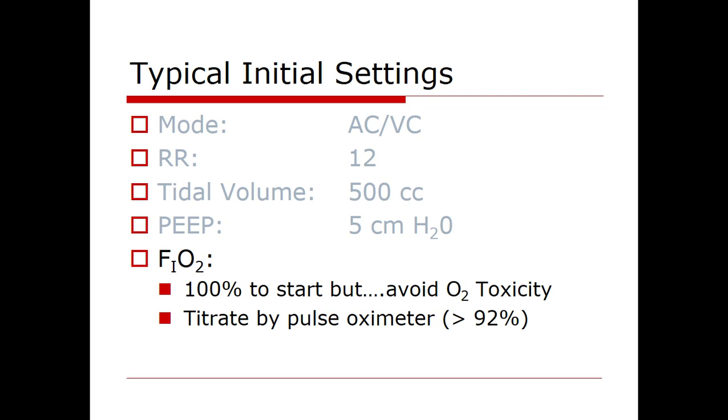So I'll start at 100%, and then I'll rapidly come down, and you can do this too. You don't need to follow ABGs to titrate FiO2 as long as the pulse oximeter has a good waveform. If the pulse oximeter has a good waveform, you can just turn the FiO2 down every 5 minutes or so until you have a dropping O2 saturation.